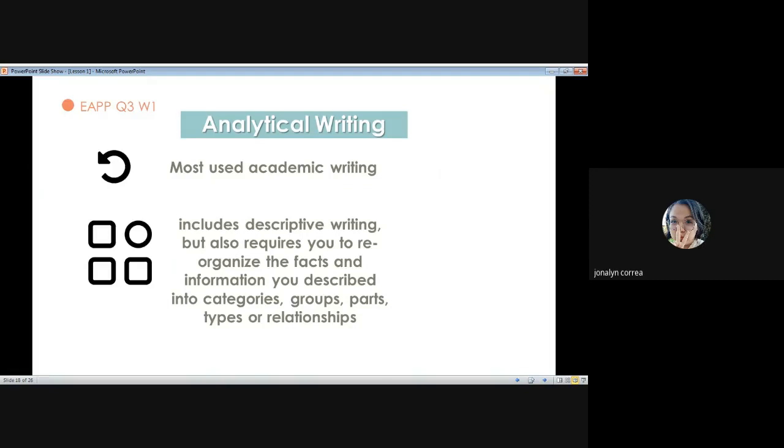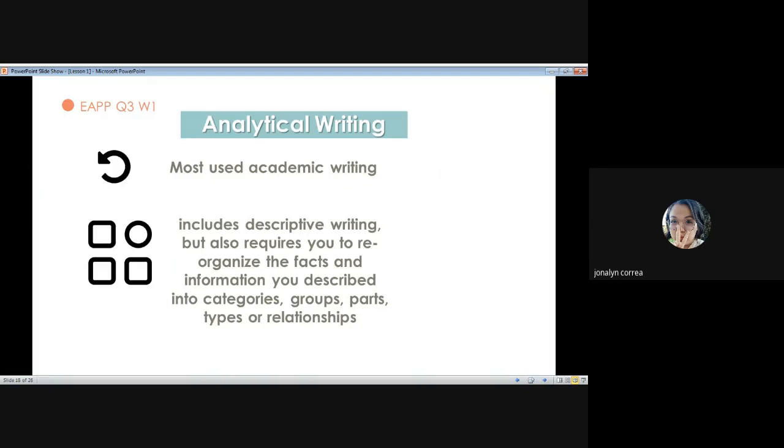So in this part you are now balancing, weighing which among these data are more likely to be read by your specific audience, and which data are not necessary to be included in your writing.